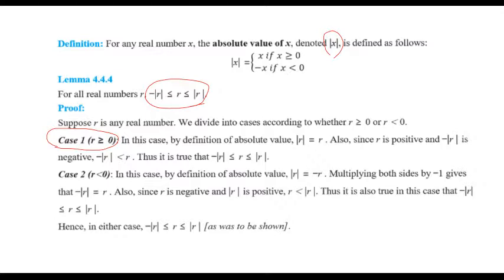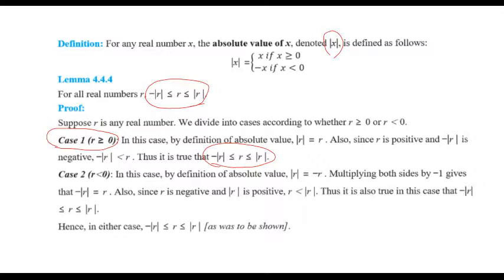And since R is non-negative and the negative of the absolute value is negative, obviously R is greater than the negative of the absolute value, because any positive real number is greater than any negative real number. So as a result, we prove the inequalities. We prove that R is greater than or equal to negative the absolute value and is less than or equal to the absolute value. So the first case is done.